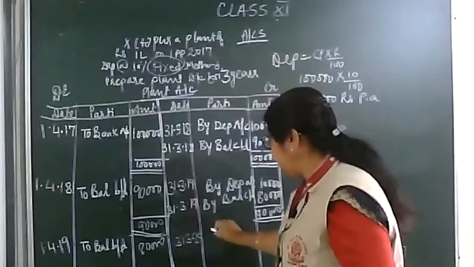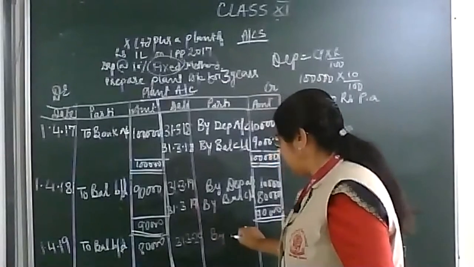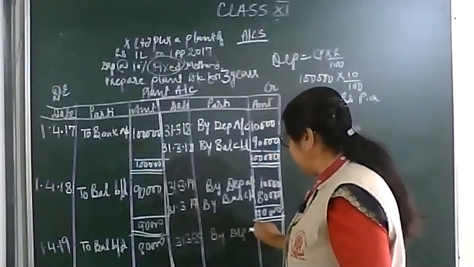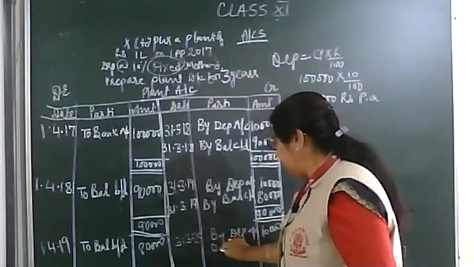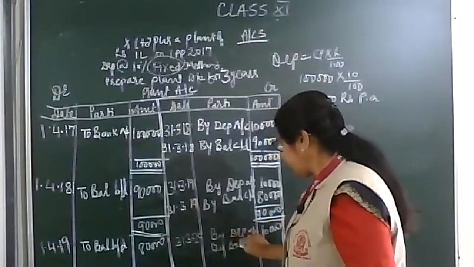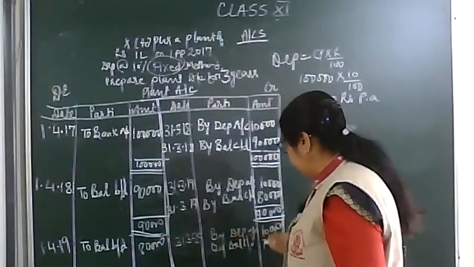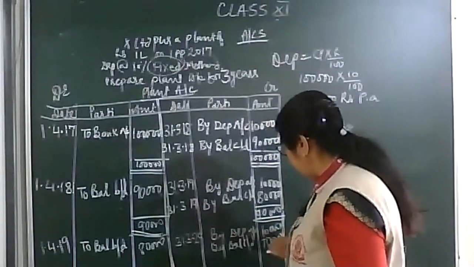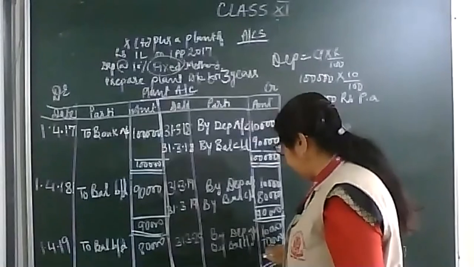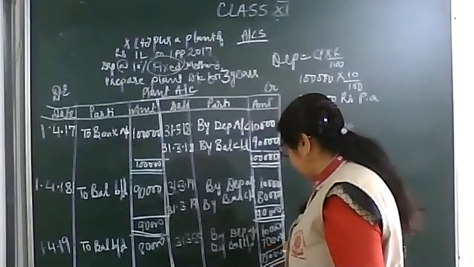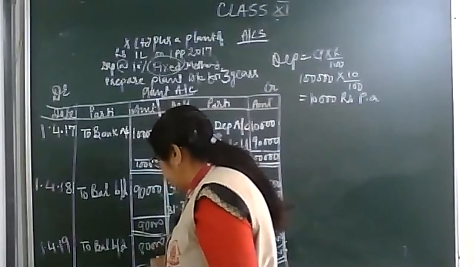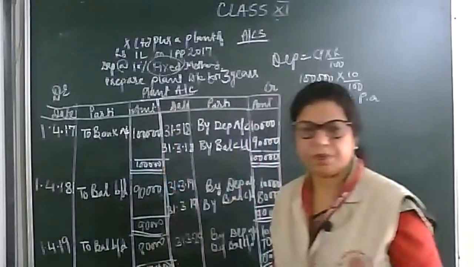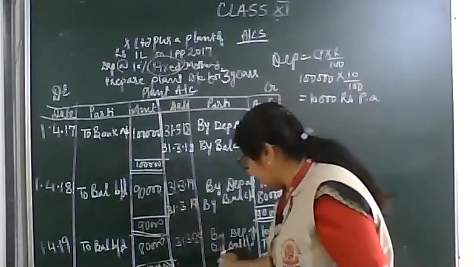So again, we will write by depreciation account 10,000, by balance sheet 70,000, total 80,000, here also total 80,000, and then next.